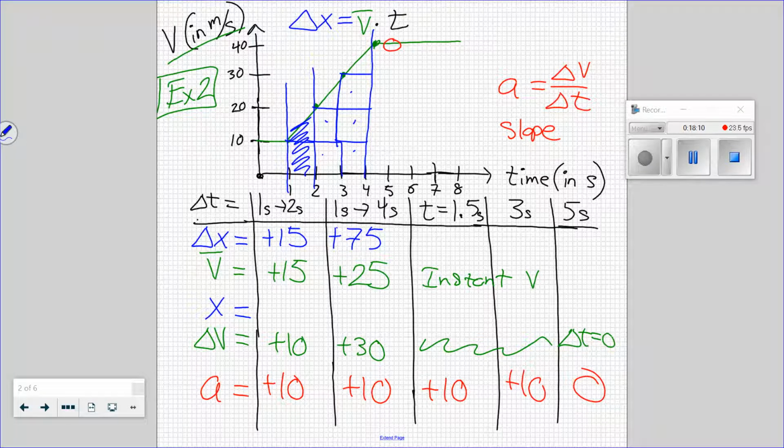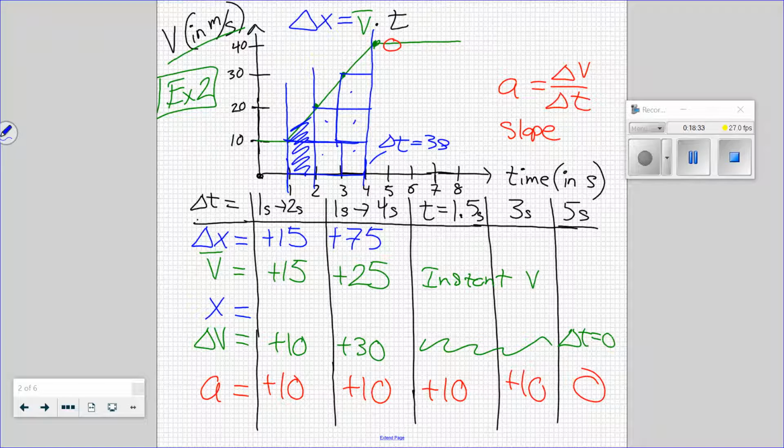So wait a minute. If my span of time is 1 to 4, delta t equals 3 seconds. And I start, in that time span, I start at 10. And then I accelerate at plus 10. It's 75.